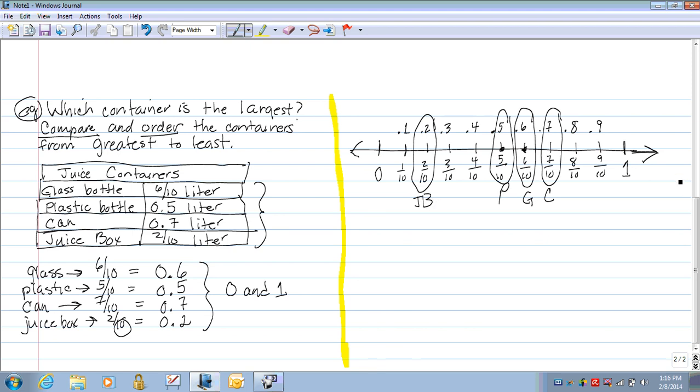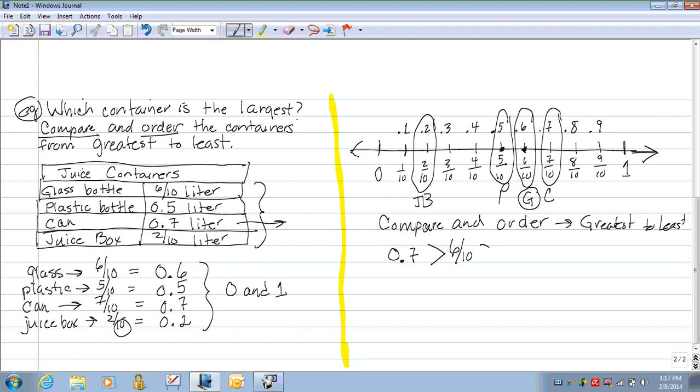If I want to compare, because remember those are our verbs, and order the containers, this time from greatest to least, I can write the largest is the can. And the can was represented by 0 and 7/10 in decimal form. And that is greater than the next, which would be the glass bottle, which is written in fractional form, 6/10.